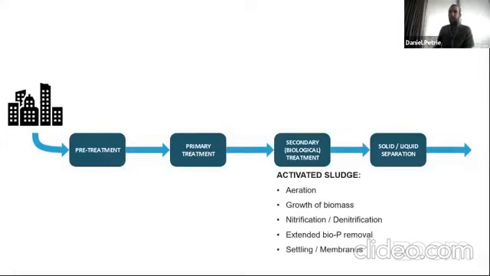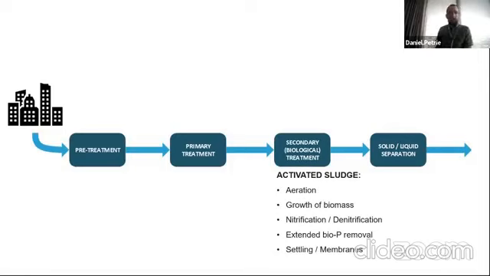Okay, so this biological treatment is often referred to as activated sludge if it's done in suspension. If it's done on trickling filters, it's called the biofilm process. And the idea is you supply these bugs with as much oxygen as they need to metabolize the food that's in the water. And in doing so, they grow.